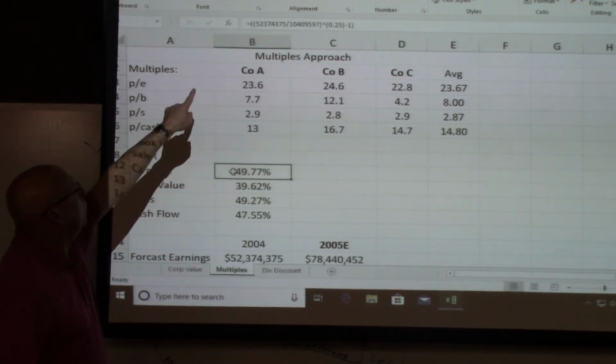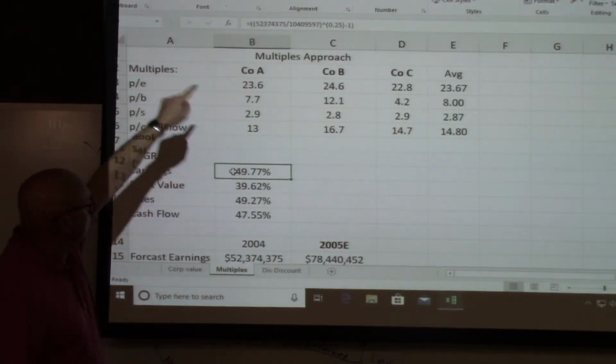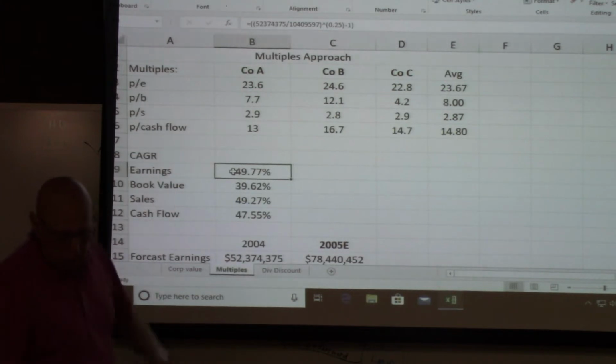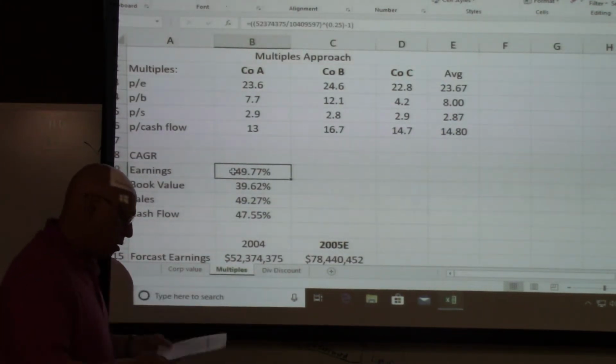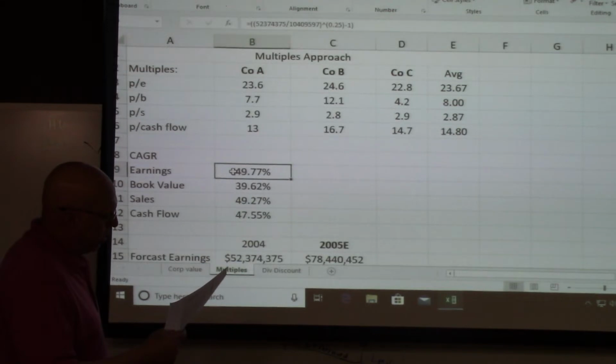So the formula way up here is the ending net income number divided by the beginning net income number. And so that would be 2004 divided by 2000 for net income.